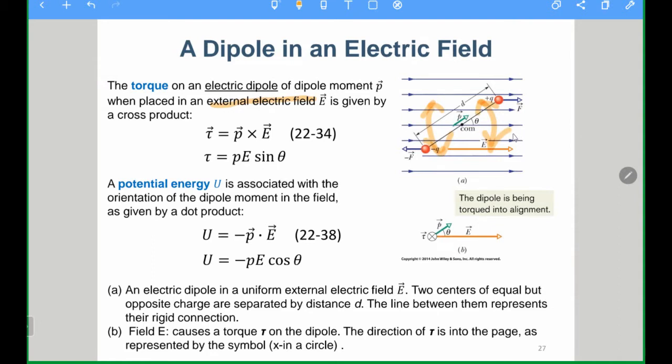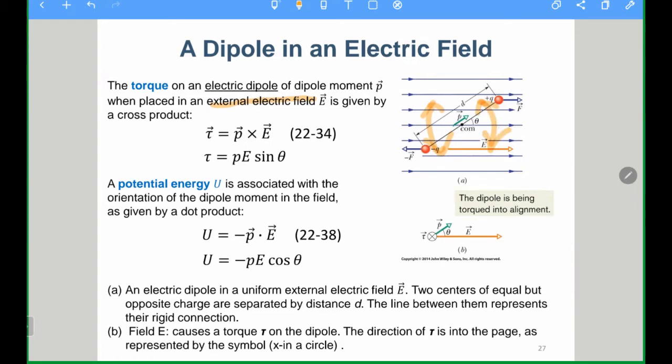So you know the magnitude of this vector, and for the direction you need to use the right hand rule. You use your forefinger pointing in the direction of vector P, which means pointing to the top right, and then you rotate toward the E field, which is pointing to the right. Your thumb will point into the page.